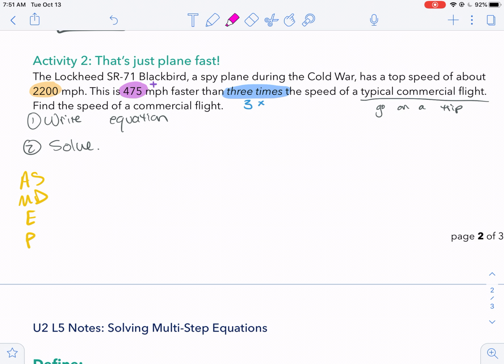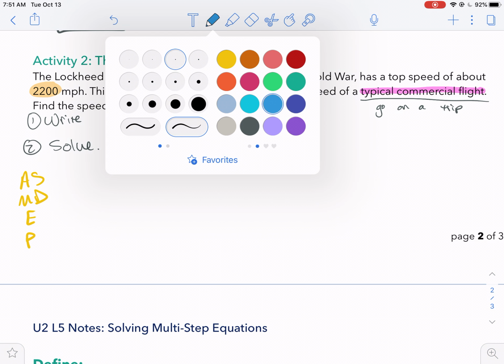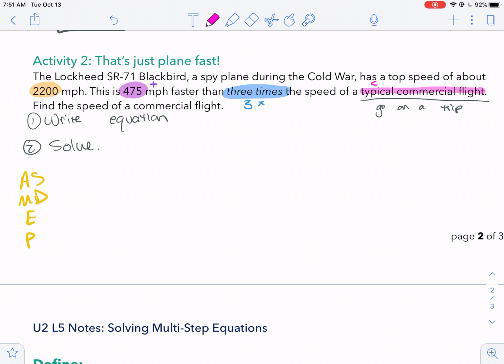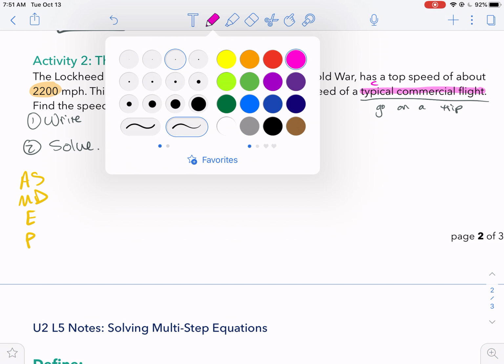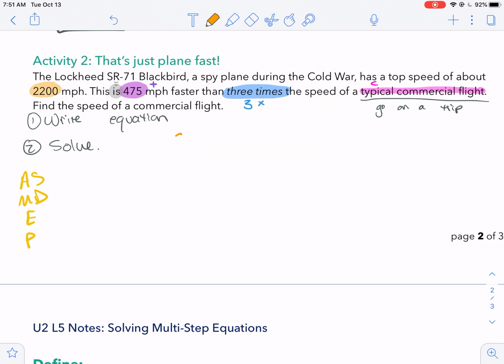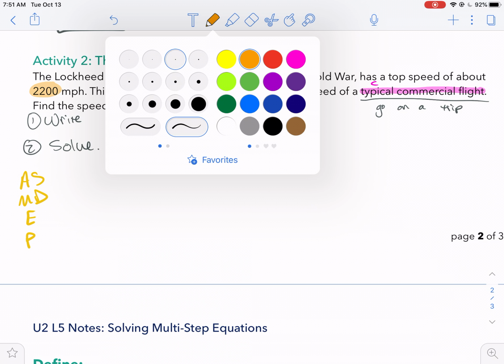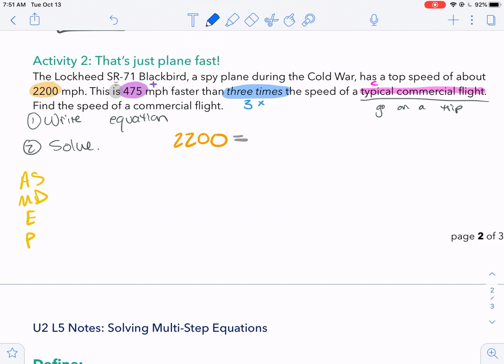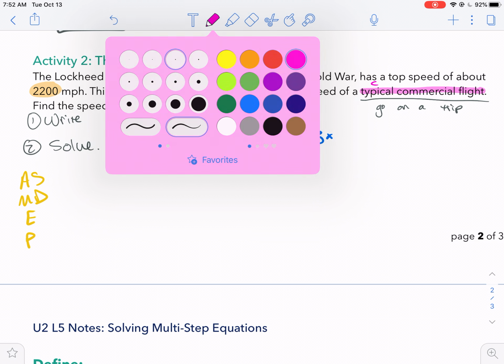We want to find the speed of a commercial flight, how about we just name that C? Sure? Sure. So let's set it up. And we forgot one key word. Our key word is "is." Is means equals. So to translate that, we're given that 2,200 is, oh no, I skipped one, 475 plus 3 times our C.